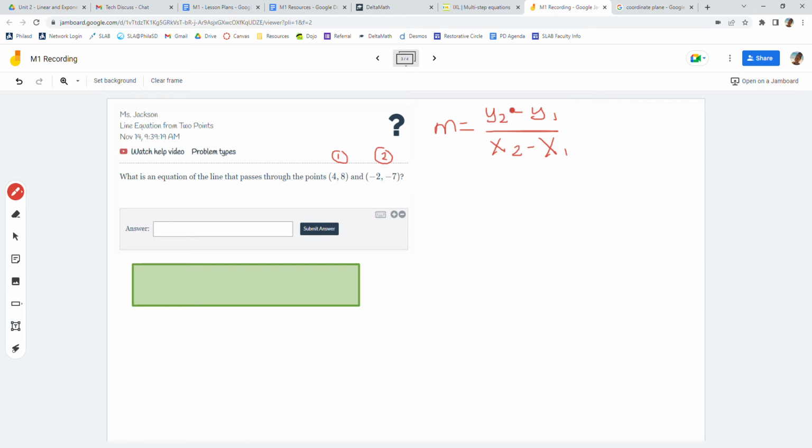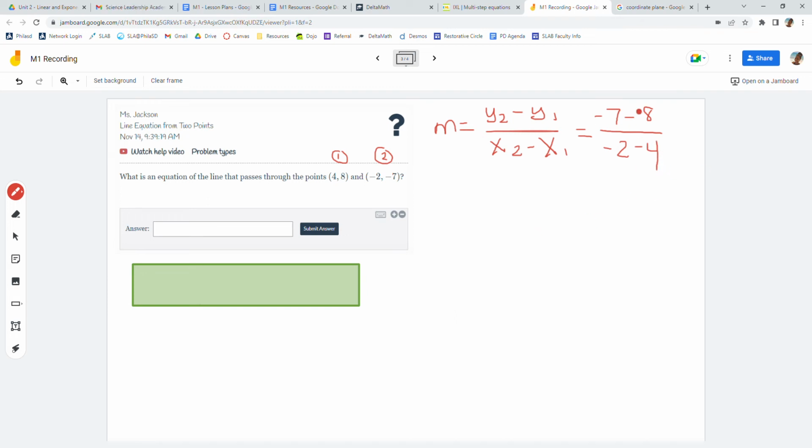So our y coordinate from our second point, that would be -7, minus the y coordinate from our first point, which would be 8, over the x coordinate from our second point, which was -2, minus the x coordinate from our first point, which is 4.